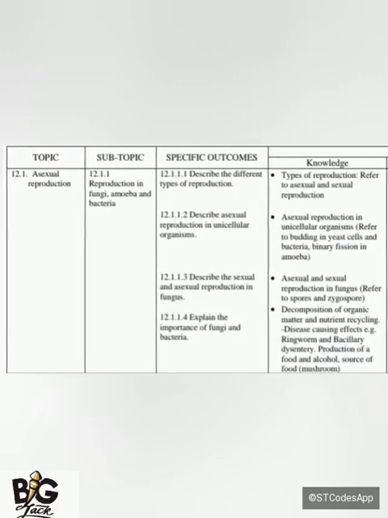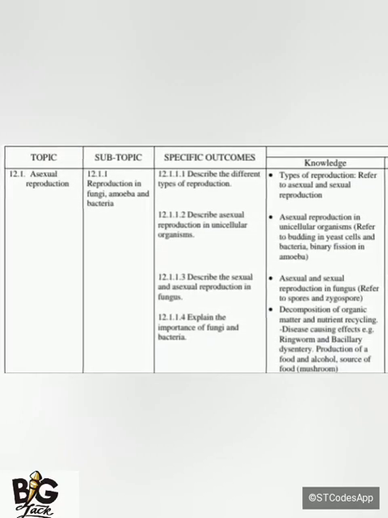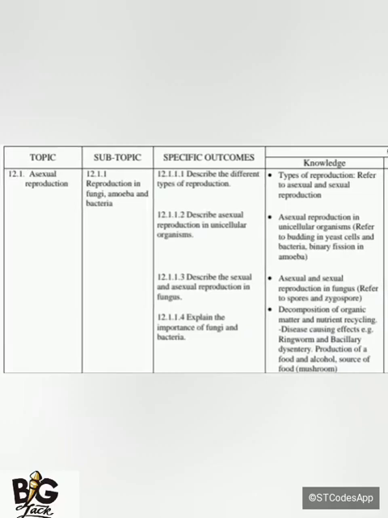And also, they can ask you to describe the reproduction in bacteria. Yes. Apart from that one, they are going to ask you to describe asexual reproduction in unicellular organisms. For example, examples of unicellular organisms are amoeba, yeast, bacteria, and so on.